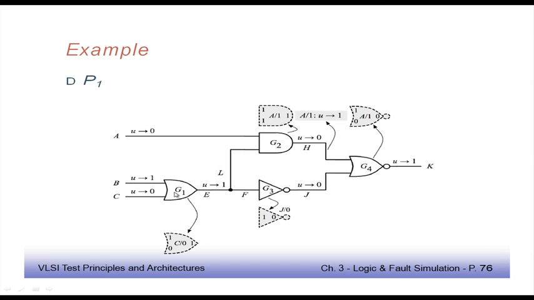Similarly, for this OR gate, when the C stuck-at-0 fault comes, it will behave in a bad way. That is another bad gate. Now, for this inverter, this is J stuck at 0. If J stuck at 0 occurs, then this becomes a bad gate. This way it identifies the set of bad gates for pattern P1.